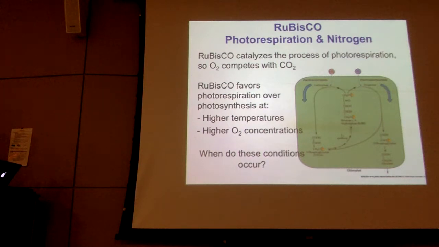But it doesn't produce any ATP, doesn't produce glucose, and it results in a loss of CO2, loss of carbon. It can't be fixed.